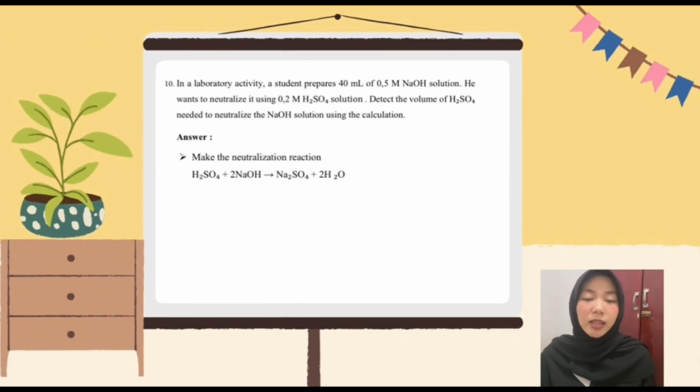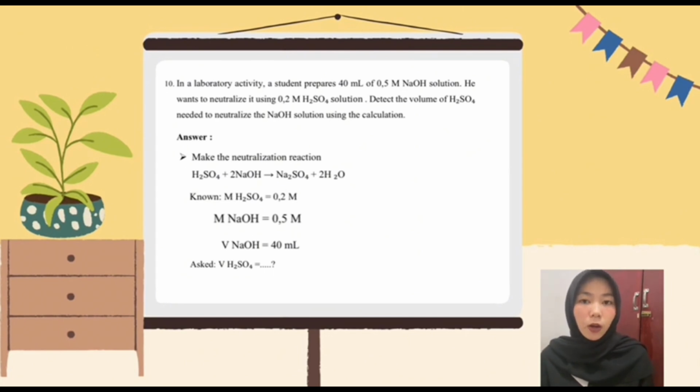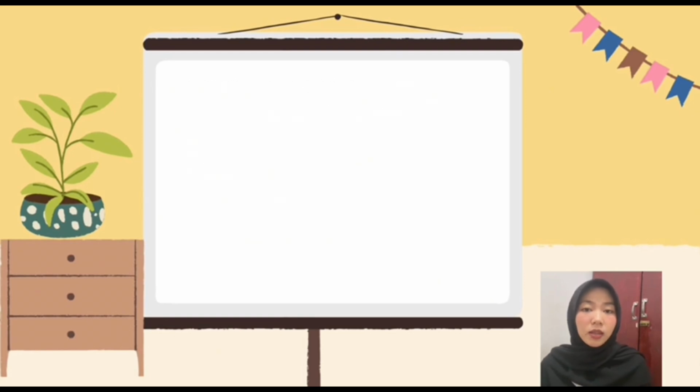From the question, it is known that M of H2SO4 is 0.2 M, then M of NaOH is 0.5 M, and the volume of NaOH is 40 ml. Then, what is asked in the question is the volume of H2SO4. To solve it, we can use the formula V1 times a times M1 equals V2 times b times M2.